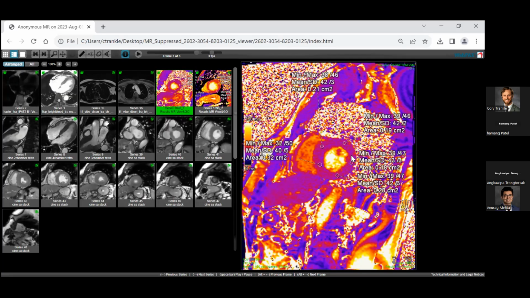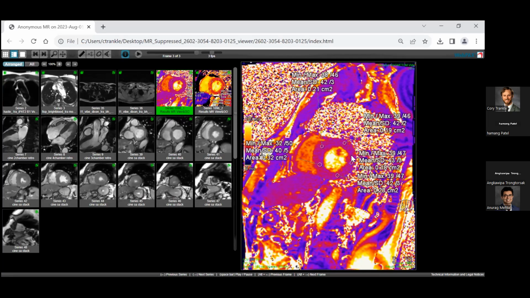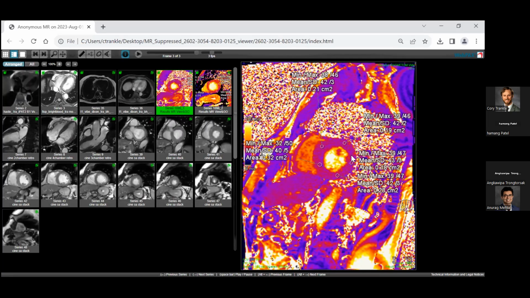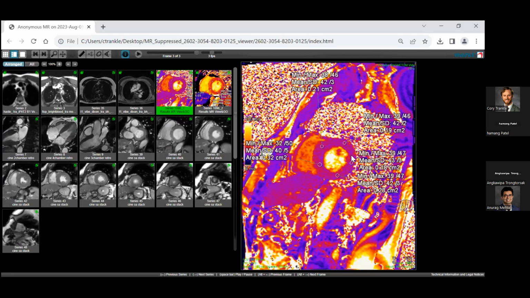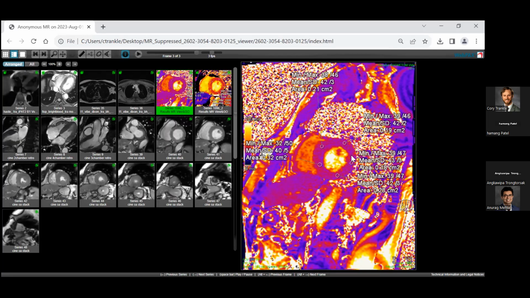So acute myocardial infarction, acute congestive heart failure, acute myocarditis, not the chronic phases where all the water's gone, but in the acute phases, that's when the T2 can become elevated.